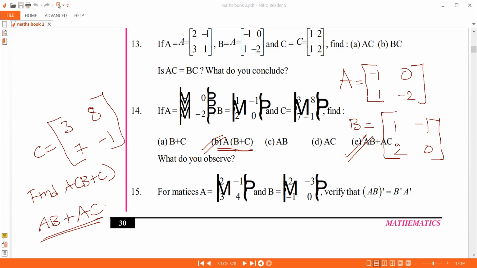Then 1 into 3 plus minus 2 into 7, and 1 into 8 plus minus 2 into minus 1.